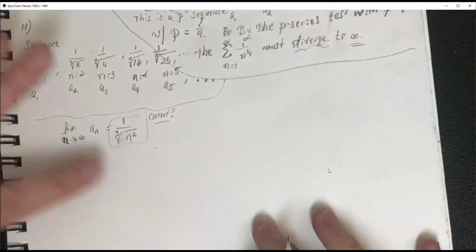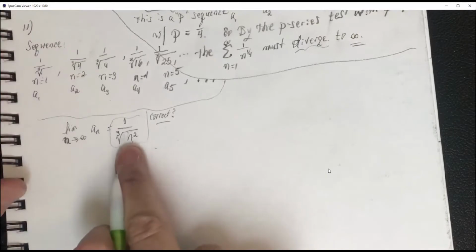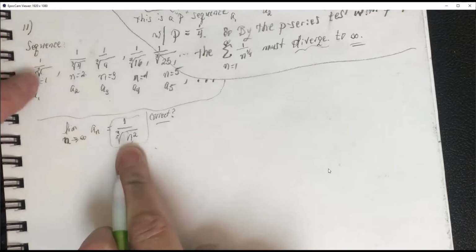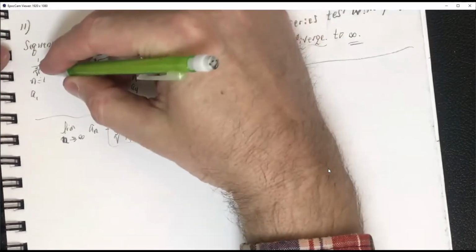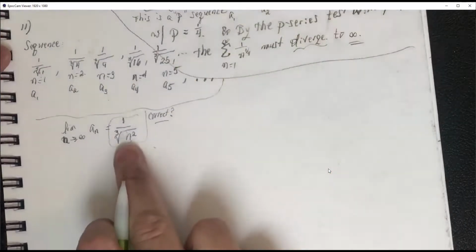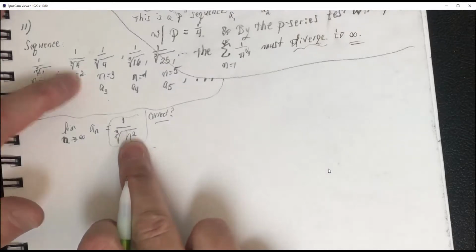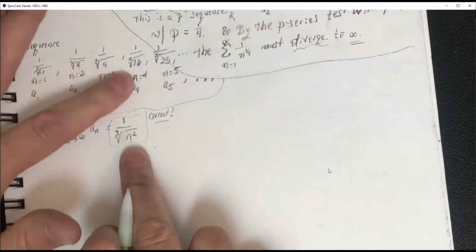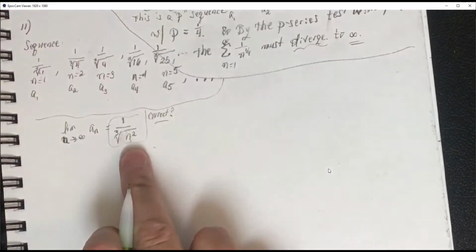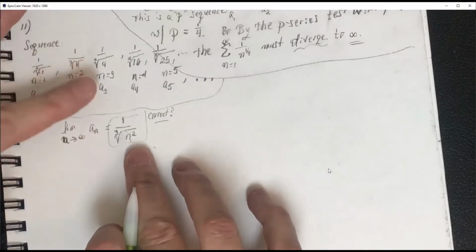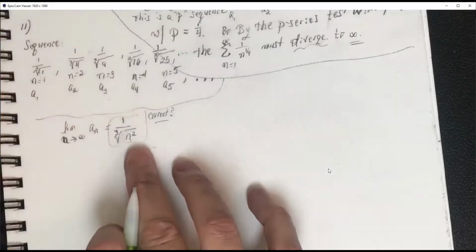So if we test it, if you put a 1 right here, 1 squared is 1, cube root of 1 is 1, and that's what they had to begin with. Okay, and so that'll be right. For n equals 2, 2 squared is 4, and we get 1 over the cube root of 4, and for 3 and 4 and so forth. So we found the correct form of the terms of this sequence.